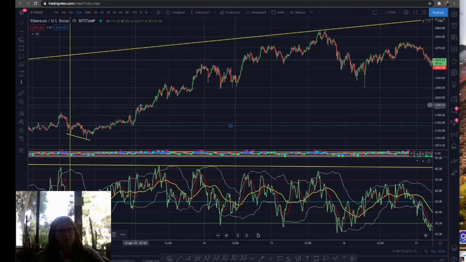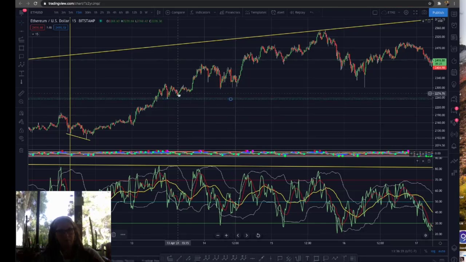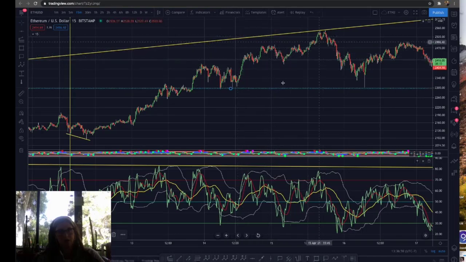After this major correction and it broke the high, your stop loss gets moved up. After the next correction and it breaks the high, your stop loss gets moved up. Correction, breaks the high, stop loss gets moved up. Again, correction, breaks the high, stop loss gets moved up.